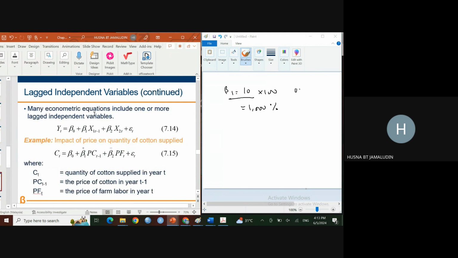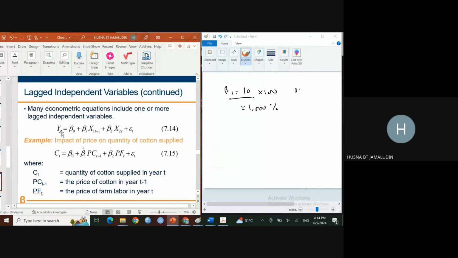Many econometric equations include one or more lag independent variables. This is just the general form of a lag variable. You have y, and you can see that this is t. T refers to the time series; you are not talking about i, cross-sectional. So y_t equals beta naught plus beta 1, and then you have x1, t minus 1.